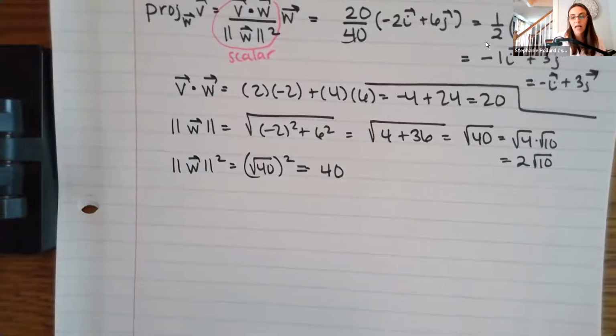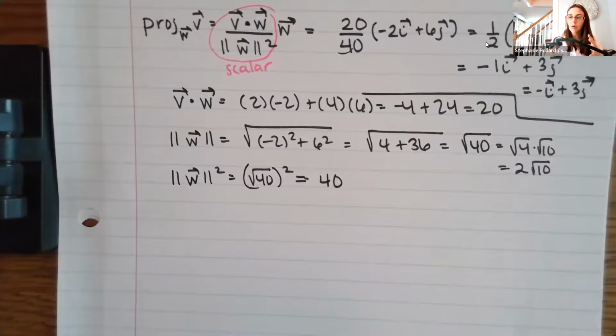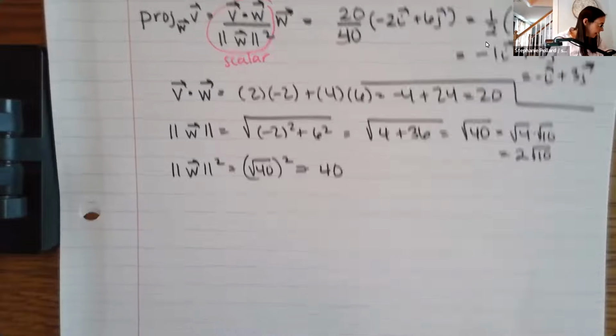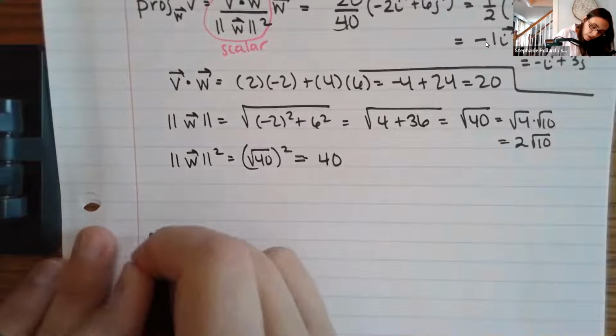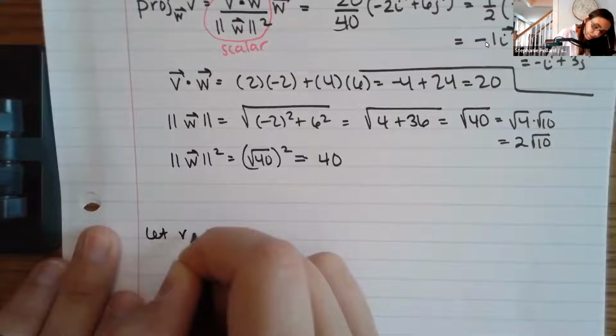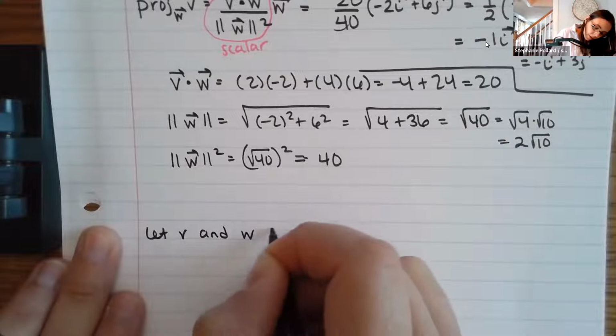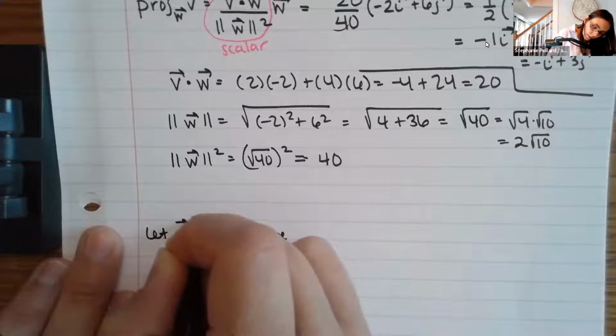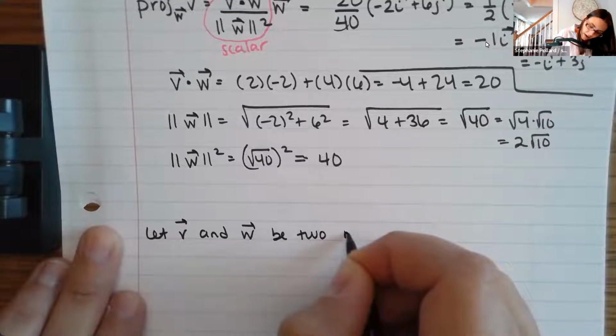So I said that this was most helpful when working backwards and trying to find the original vectors that are being added. So let's look at that here. I'm going to have a definition for you guys. Let v and w be two non-zero vectors.